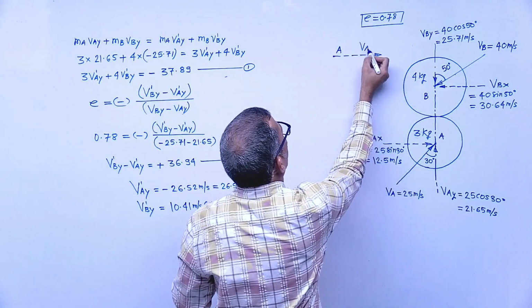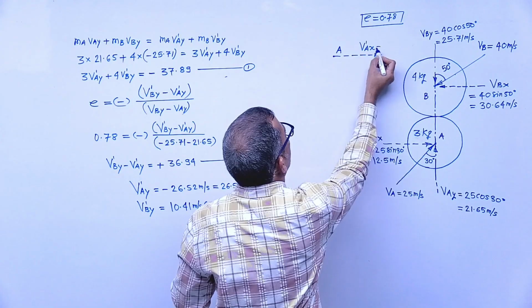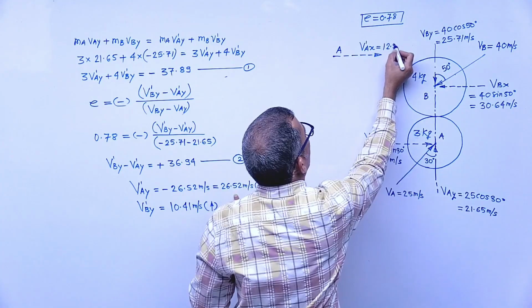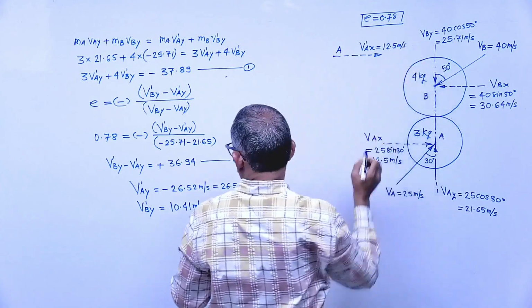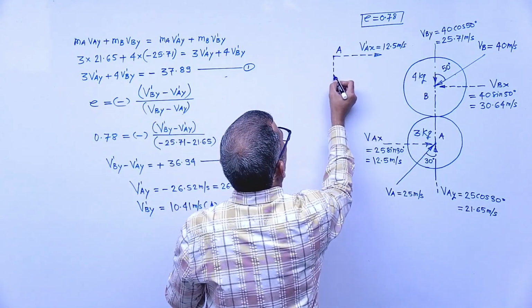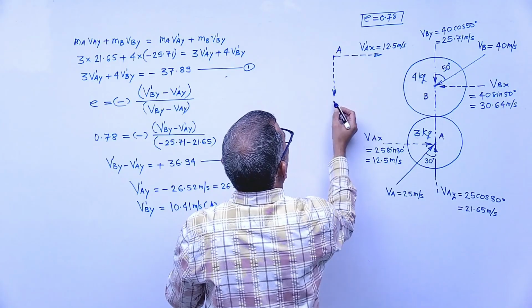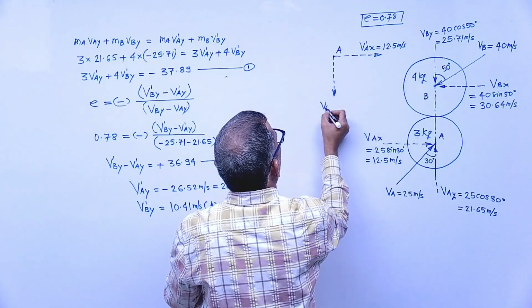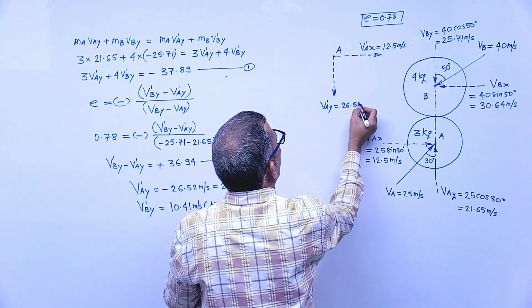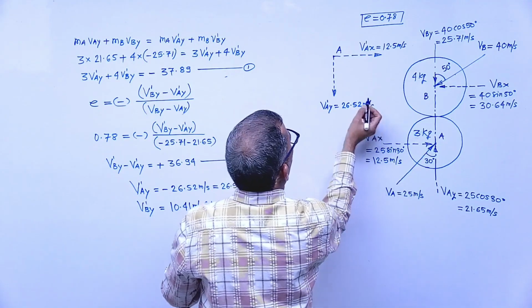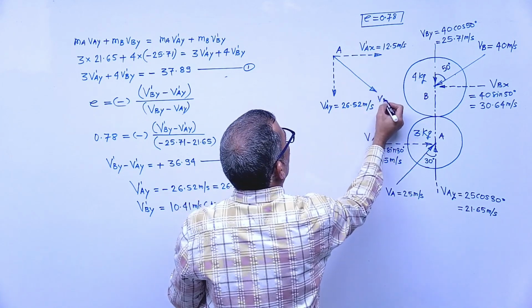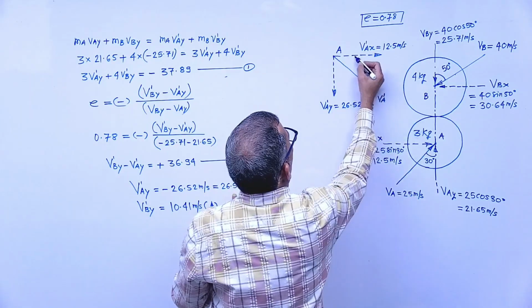This one is VA dash x, which is equal to VAx, equal to 12.5 meters per second, and vertical component VA dash y equal to 26.52 meters per second. Applying Pythagoras theorem, we'll find VA dash.